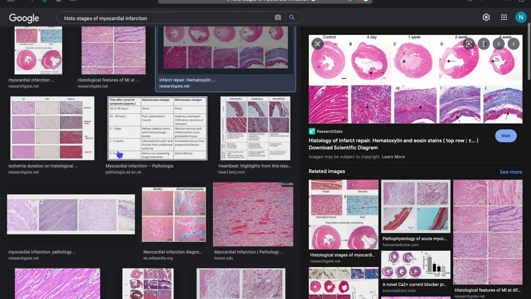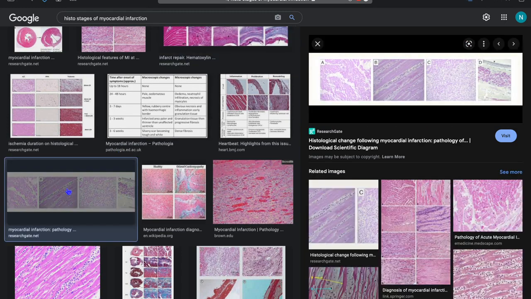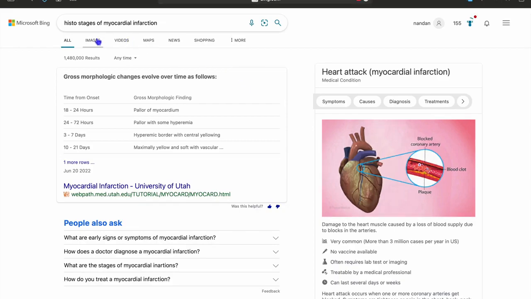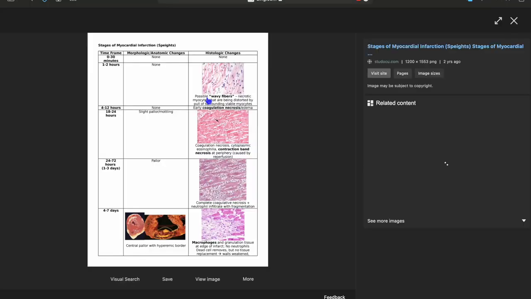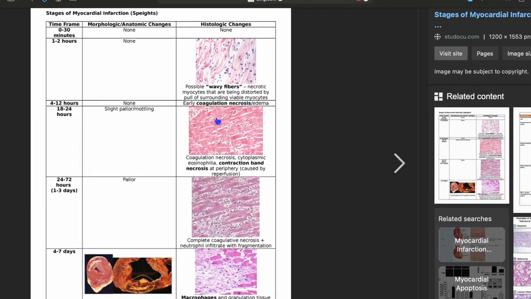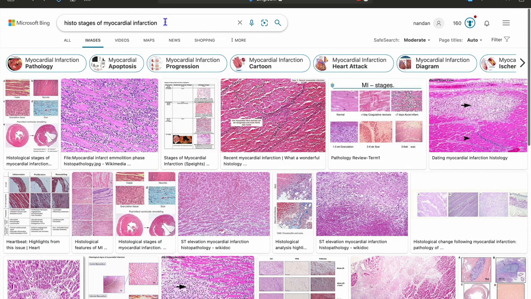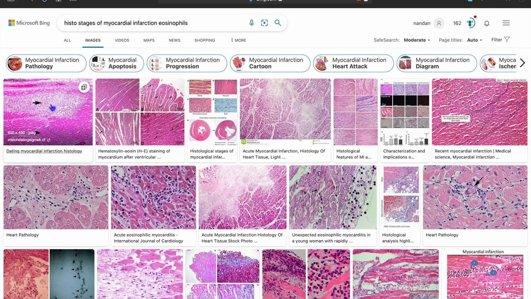No, it's not right. Yes, this is a better one. So you'll see wavy fibers like that, necrotic myocytes that are being distorted by the pull of coagulated neighbors. But what I want you guys to see is eosinophils. I guess that's eosinophil as well.